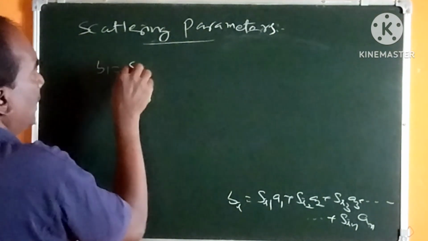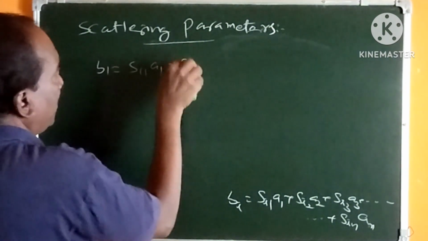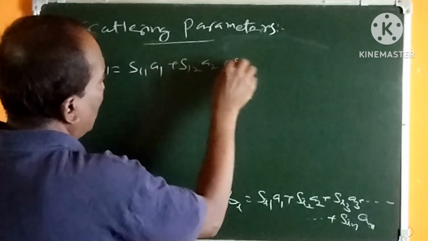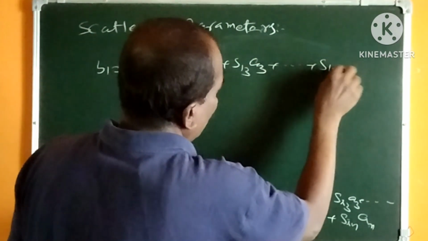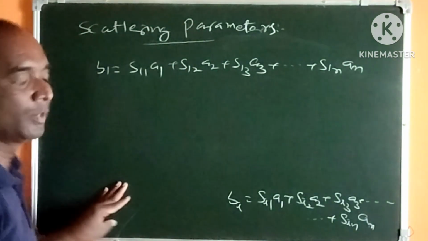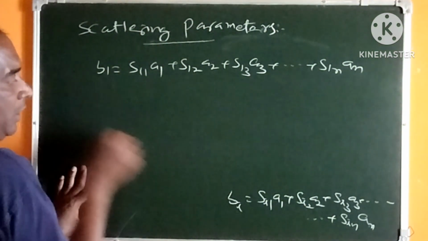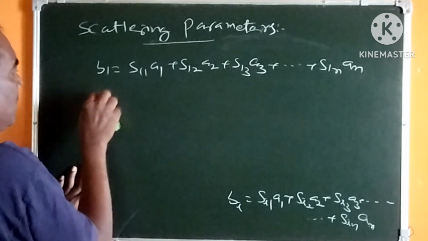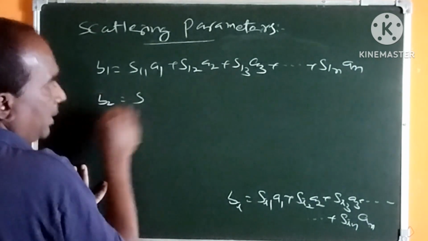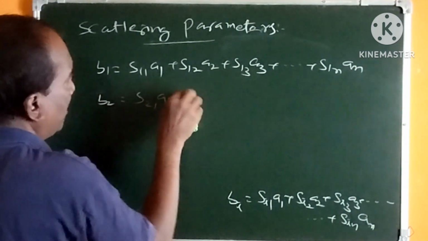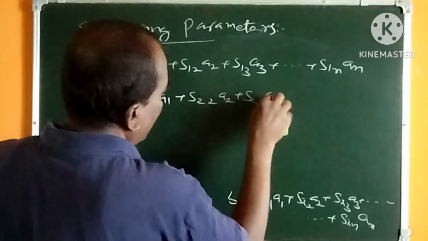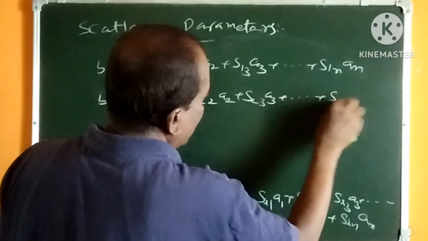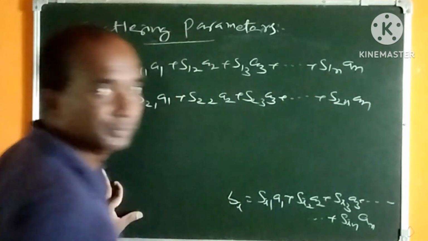By substituting i equal to 1, we get B1 equal to S11 into A1 plus S12 into A2 plus S13 into A3 plus etc. plus S1n into An. By substituting i equal to 2, B2 equal to S21 into A1 plus S22 into A2 plus S23 into A3 plus etc. plus S2n into An.